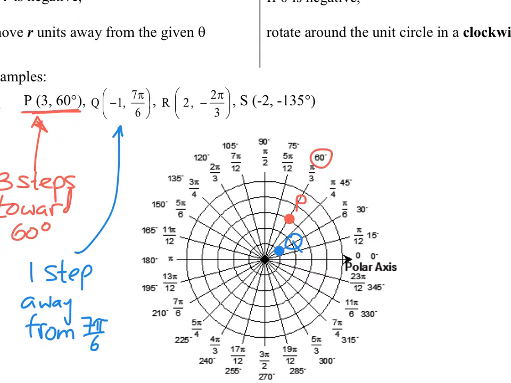There's other ways to do it, but that's the quick visual way of getting it. All right, so again, just to recap, this one is saying 2 steps toward 4 pi over 3.